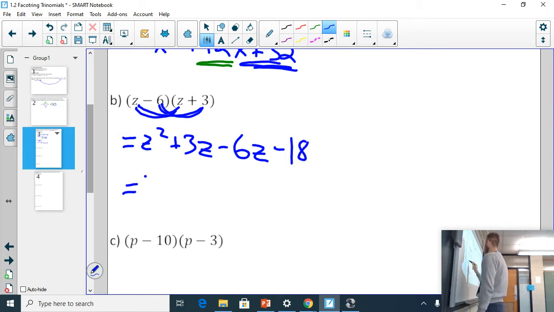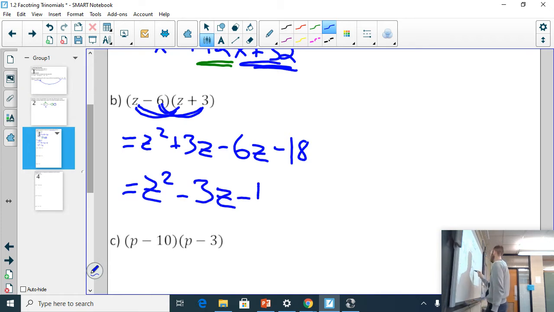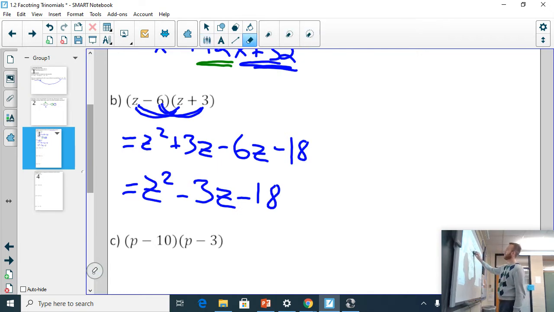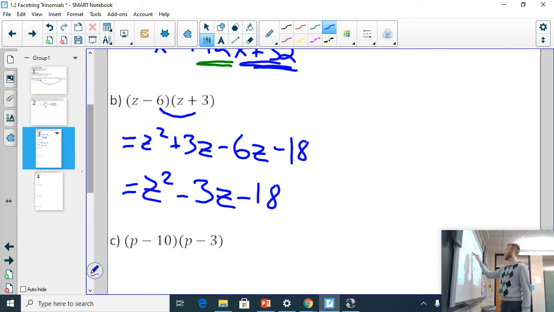When we combine like terms in the middle, plus 3z minus 6z is going to be minus 3z. And then minus 18. And again, notice we have the same pattern emerging. We have negative 6 times positive 3 gets us our negative 18, and we have our negative 6 plus 3 getting us the negative 3z.